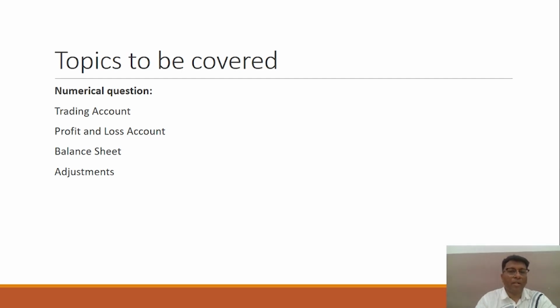As you are aware, you already have the trial balance, and on the basis of the trial balance you have to prepare your final accounts, the financial statements at the end of the financial year. So what is the purpose?